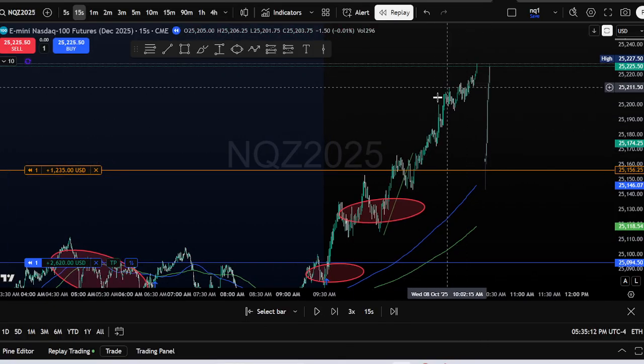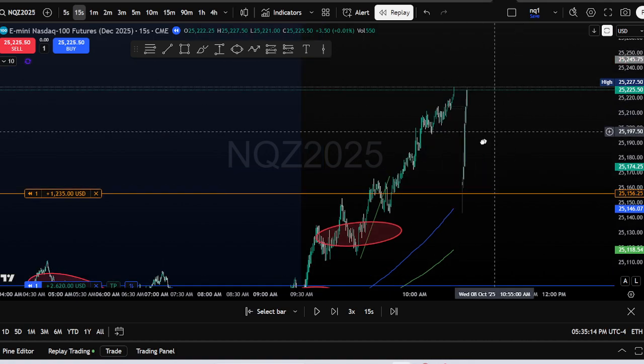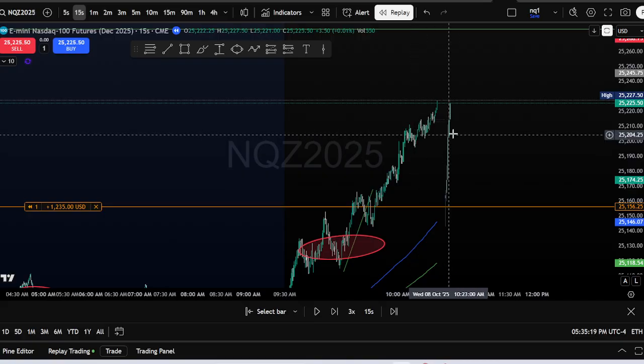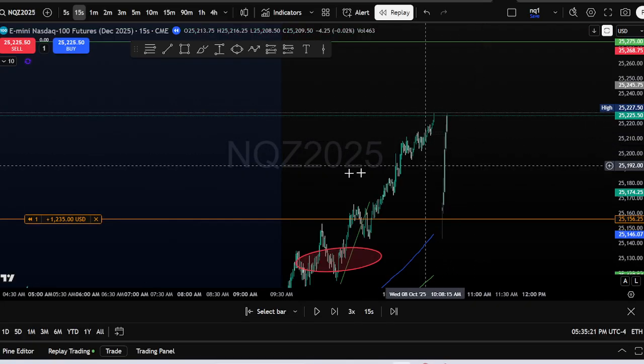No, it's just making one right there, but it's pointing up. To me, whenever it does a consolidation like that, that's really bullish. It's not even giving it a chance to go sideways, it's pointing up.